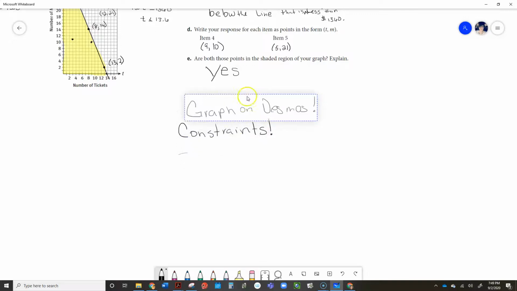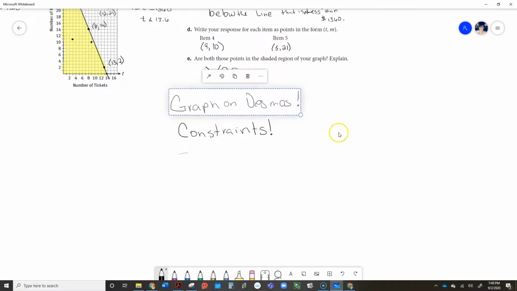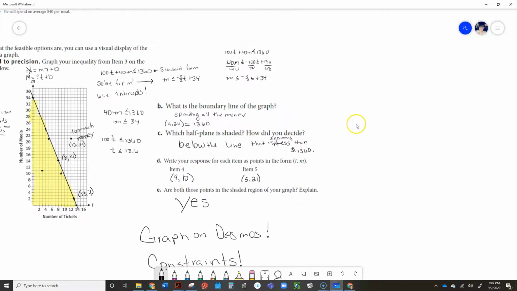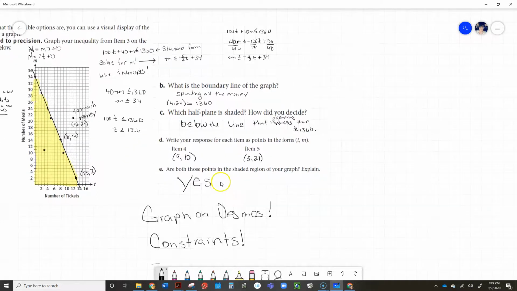So graph it on Desmos. What I meant to say was this inequality right here gets that line, but it goes beyond and shades all of this other area. So I want to restrict this right here to the first quadrant.